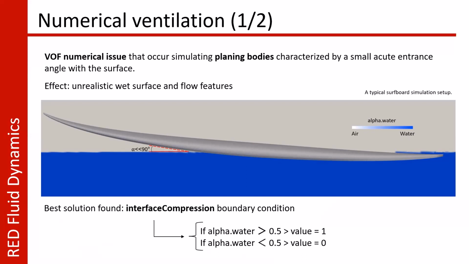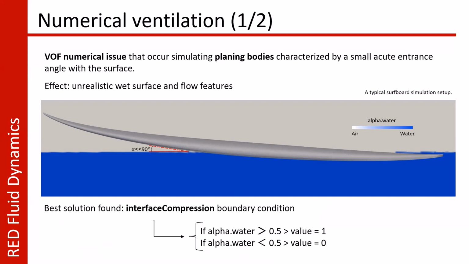We tried a lot of recipes to resolve this problem, like for example, changing the resolution of the mesh, increasing the resolution of the interface, changing the schemes and something else.